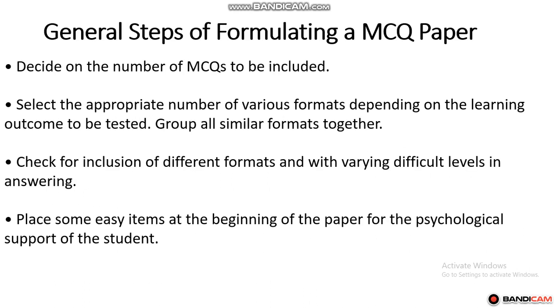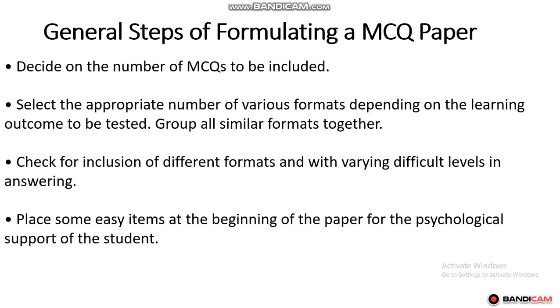General steps for formulating an MCQ paper. Which are the things you have to keep in mind? First one is to decide on the number of MCQs to be included. Select an appropriate number of various formats depending upon the learning outcomes to be tested. Group all similar formats together. It's not compulsory in all MCQs to put all four options.